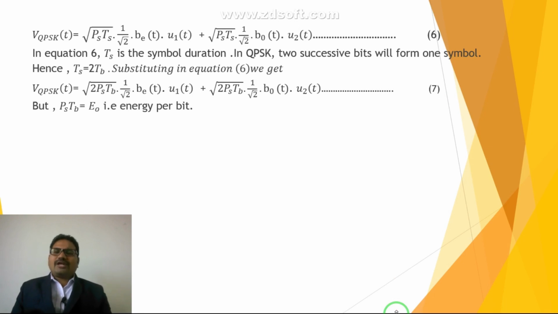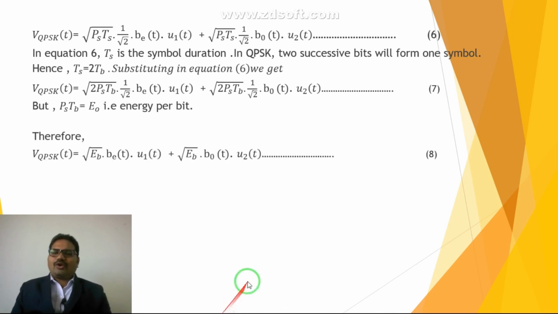So if you put PsTb equal to Eb in equation 7, the equation would become square root of Eb B of et u1 of t plus square root of Eb B of ot u2 of t. Make it as equation number 8. This root 2 gets cancelled.